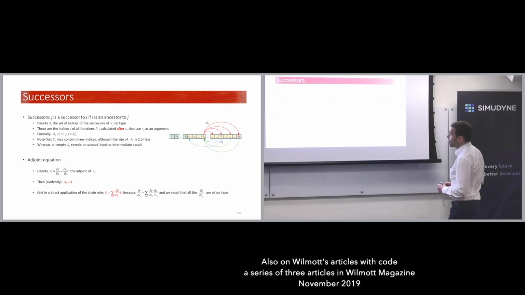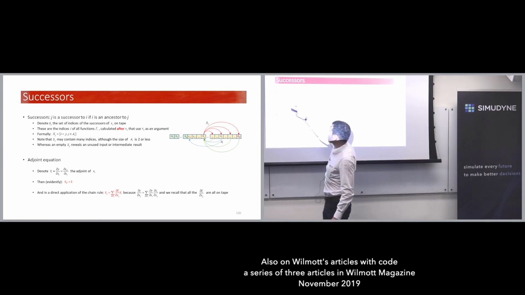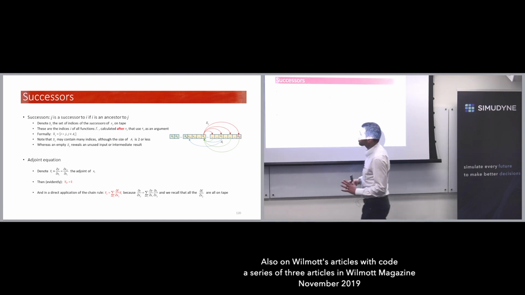And these are the indices I of all the functions fi calculated after xj that use xj as an argument. So formally, sj will be a number of indices, all superior to j. And these are all the indices I superior to j, such that j is an ancestor of ai.